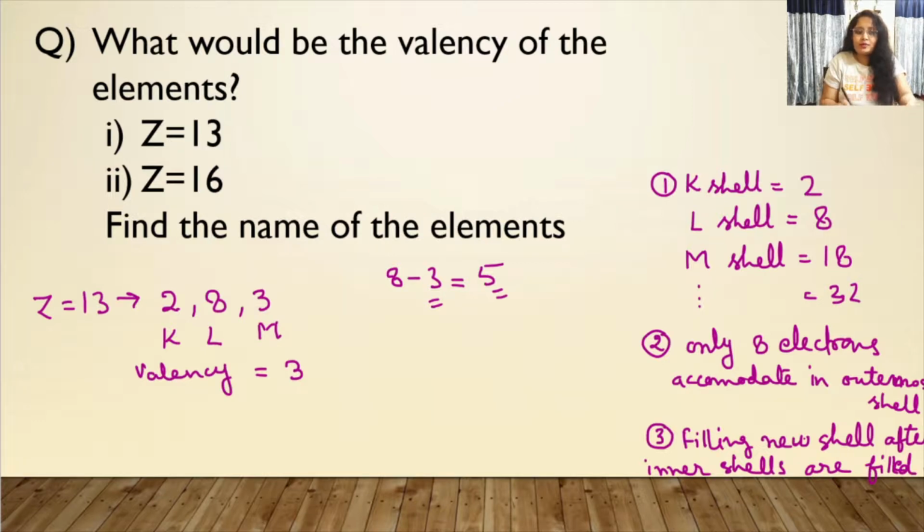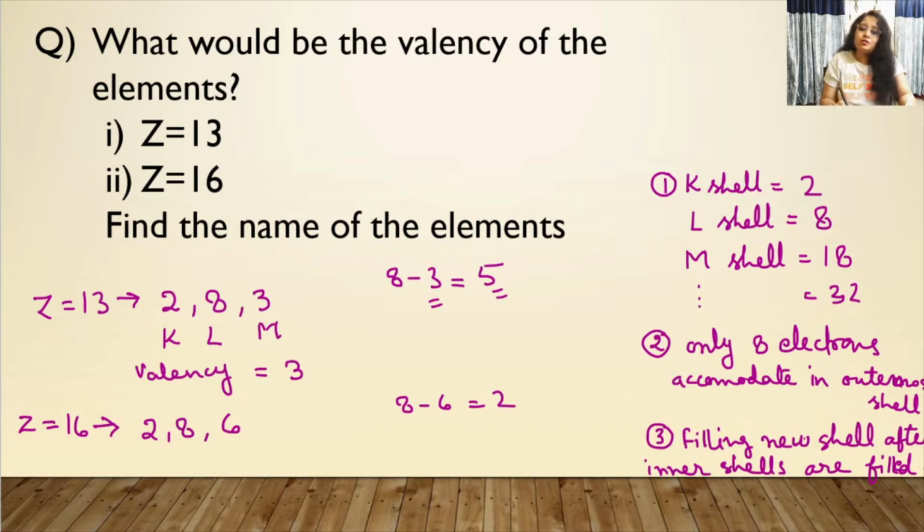Understand the concept? Now one more time I will do with Z is equal to 16. First of all we will write the configuration. The first shell 2 electrons, second shell 8 electrons. Now how many are left? 6 electrons. 2, 8, 6, 16. Now we can say 8 minus 6 is equal to 2.